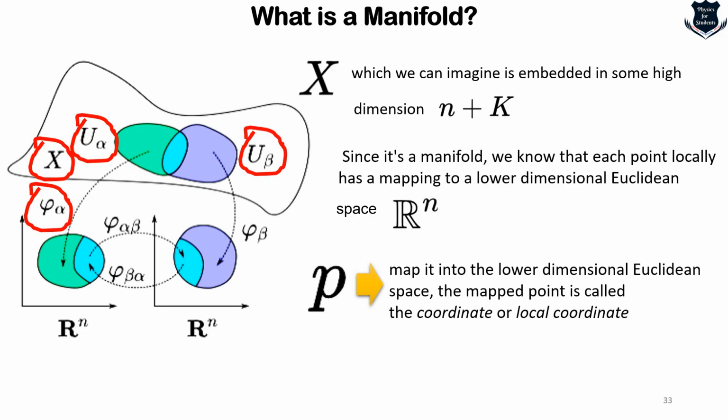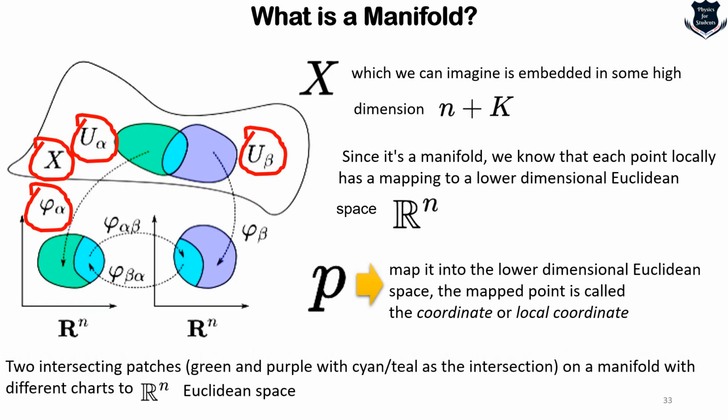The mapped point is called the coordinate or local coordinate. And finally, if we have a bunch of charts whose domains exactly span the entire manifold, it becomes what is called an atlas, although I have not shown that in this part of the video. So this is what is called a manifold, both mathematically and intuitively.